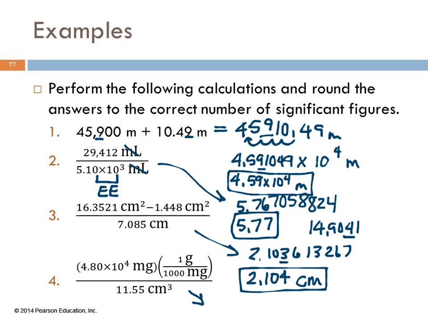Anybody want to volunteer an answer? Is it 1? It's not 1. Number of sig figs? The answer expressed with the correct number. Than 4? Nope.